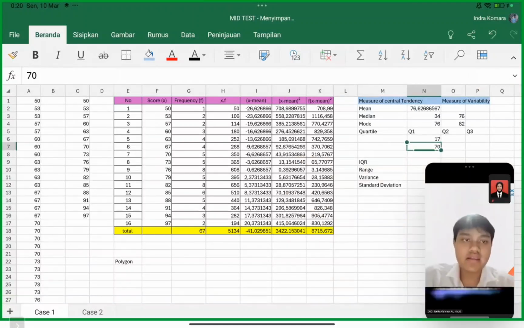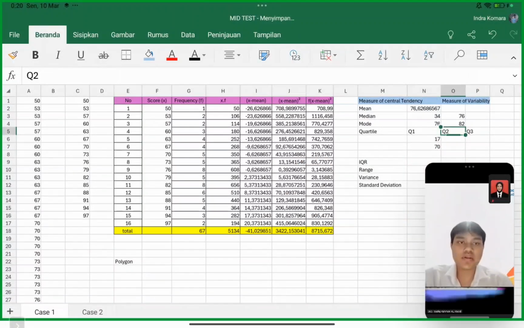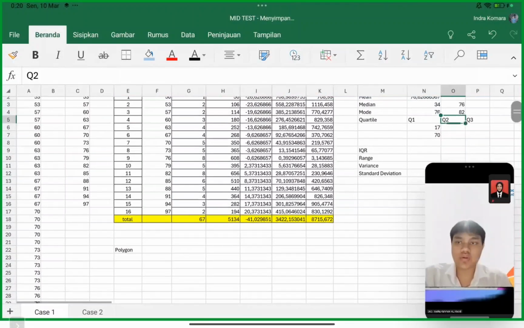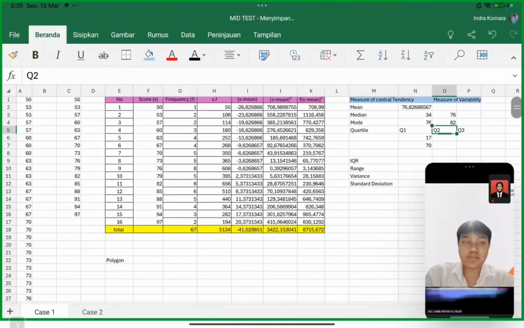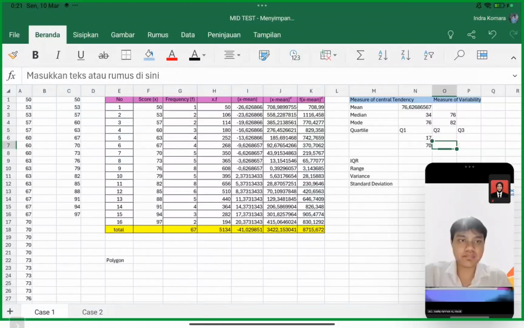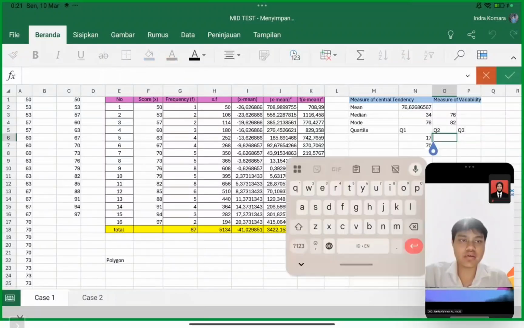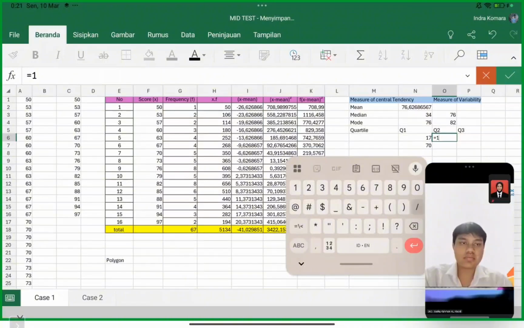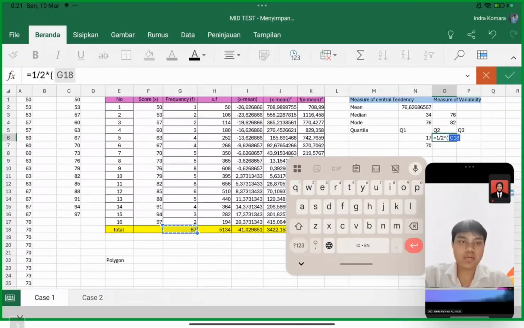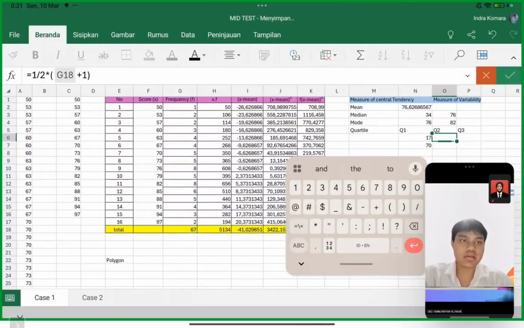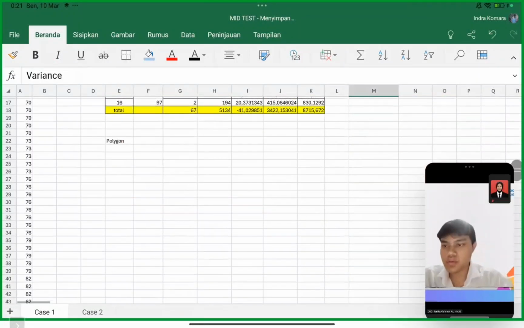Right. Now we calculate the quartile 2, or we call it the median. So quartile 2 is the score in the middle of the data. We can use this formula: 1 per 2 times the total of the frequency plus 1, enter. 34. 34 is here.